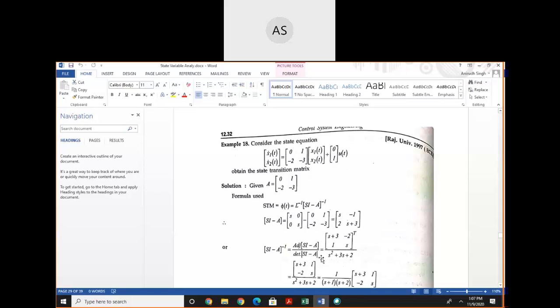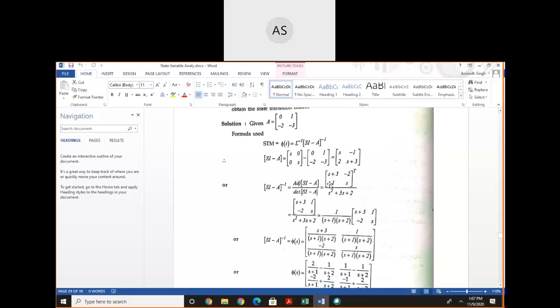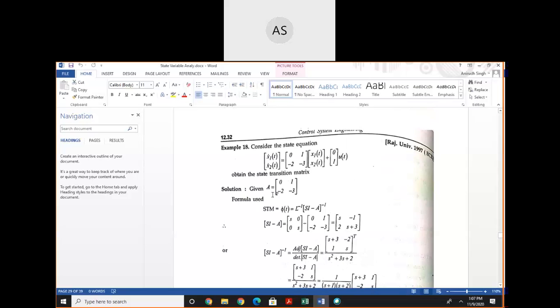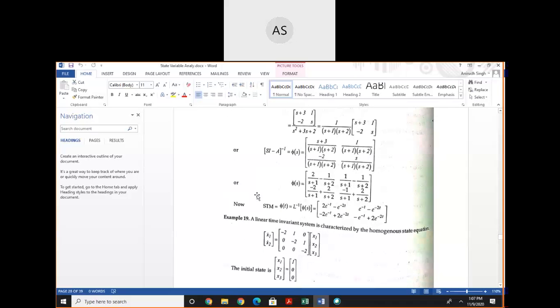So first calculate the value of SI minus A. This is SI minus A, and if you solve this, you get its value. Then the inverse of SI minus A is the adjoint of SI minus A divided by the determinant of SI minus A. This is the adjoint of it, and this is the determinant of SI minus A.